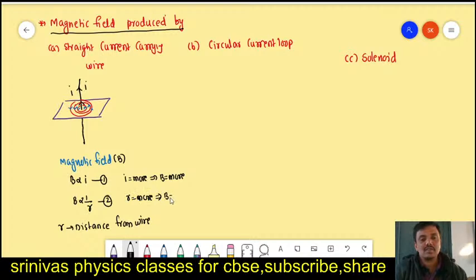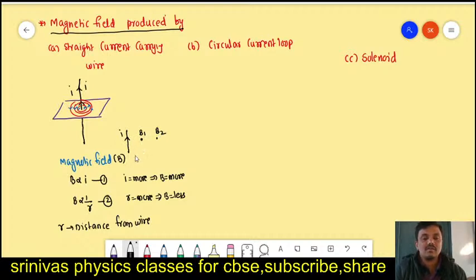What is the meaning of this? For example, this B is the magnetic field. Magnetic field is more means more force acts on any magnetic substance placed near the current carrying wire. For example, if you take 2 points near this current carrying wire, the fields are B1 and B2.